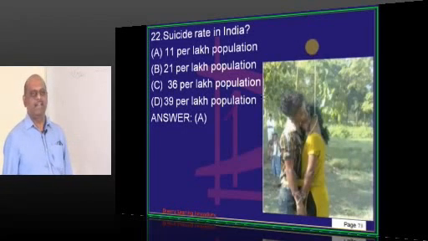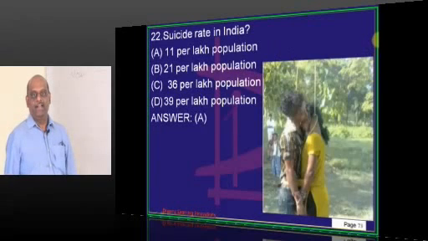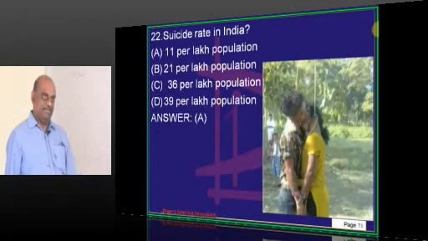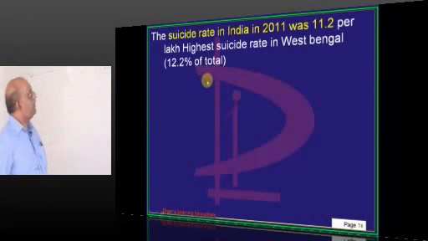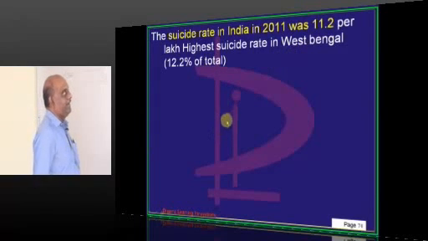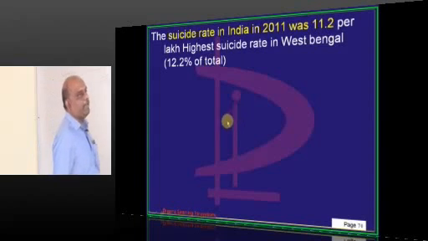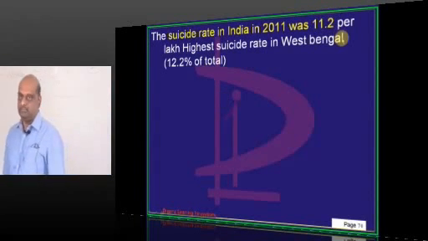But nowadays I am rarely hearing of medical students. Lesser. In our medical school days, about 20 years back, the highest rate was among medical students. So the suicide rate in India in 2011 is 11 per lakh, and West Bengal has the highest suicide rate. How do you remember?